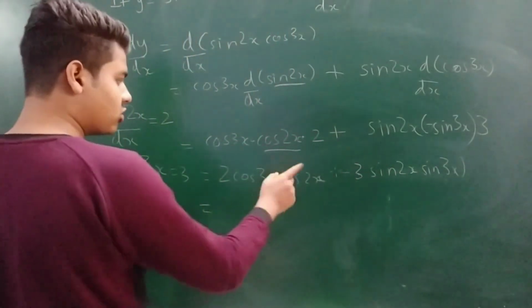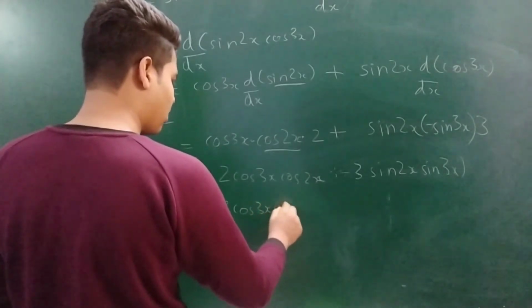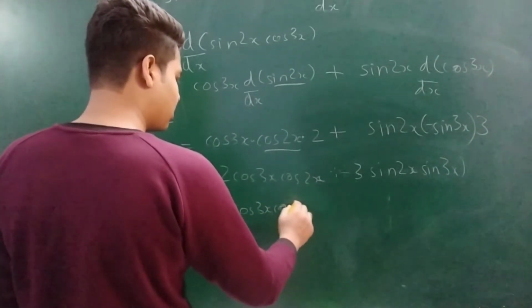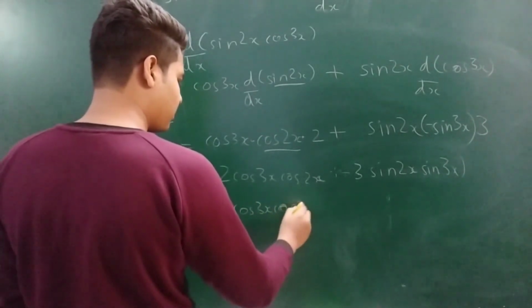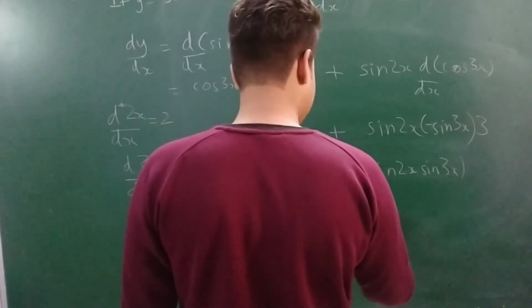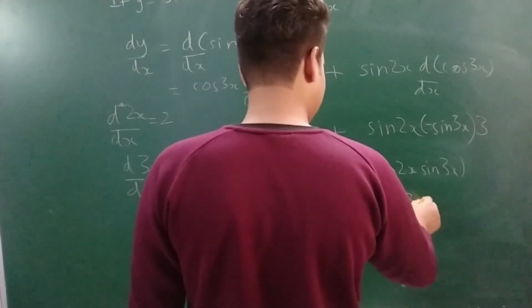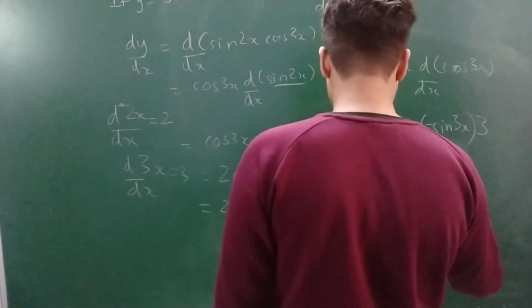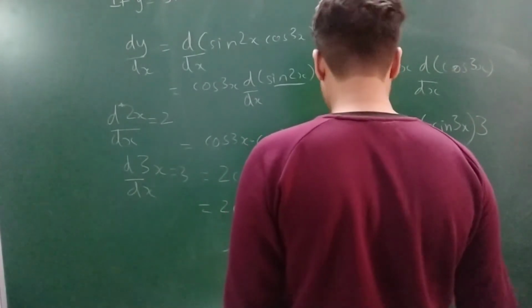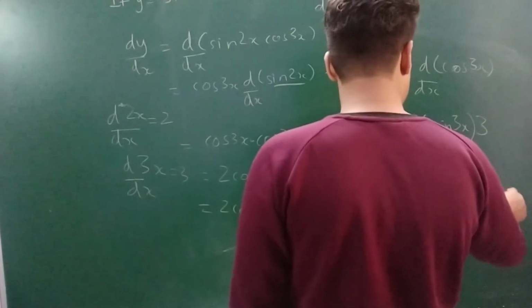From this it can also be written as 2 cos 3x cos 2x minus 2 sine 2x sine 3x minus sine 2x sine 3x.